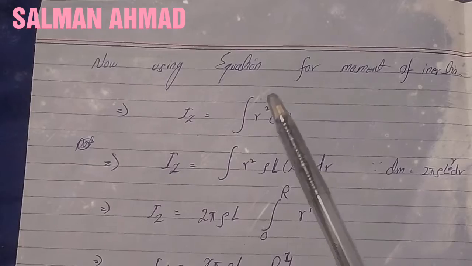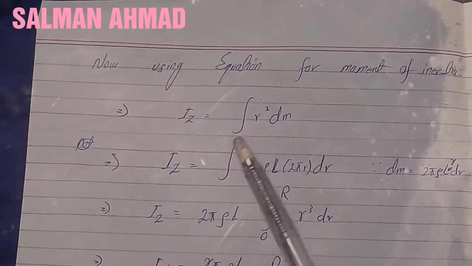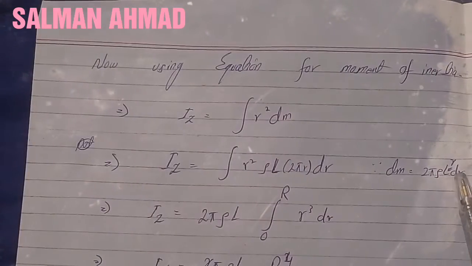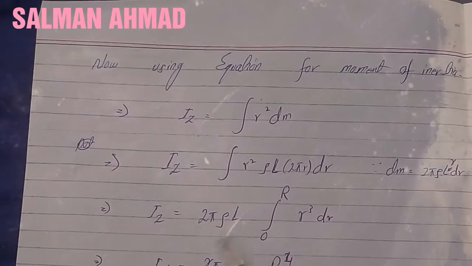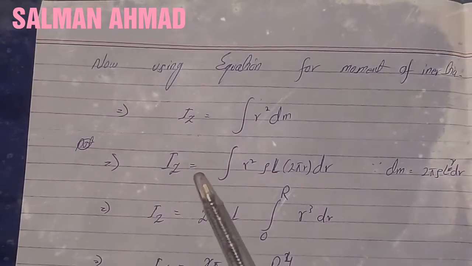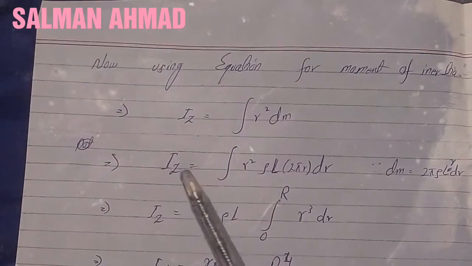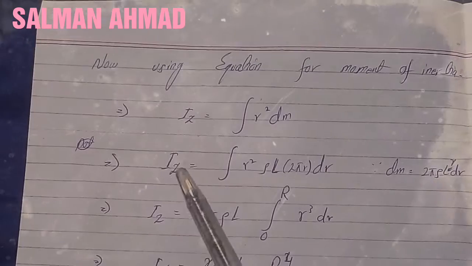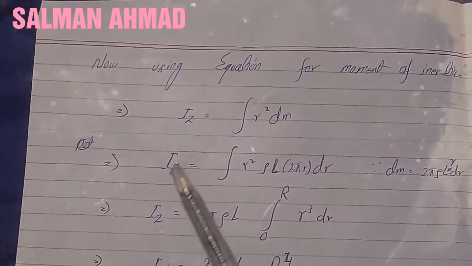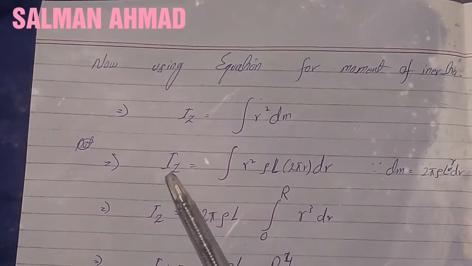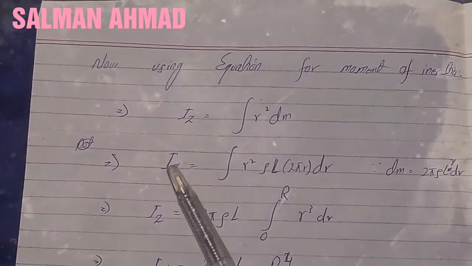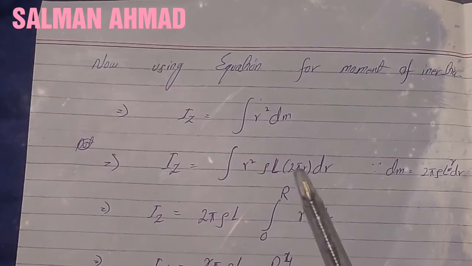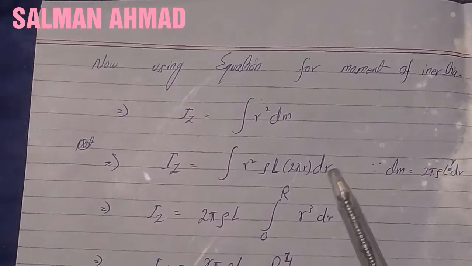Here we put dm from the last equation, which is 2 pi rho L r dr. Iz shows the moment of inertia about the rotational axis z. So Iz is equal to the integration of r square into rho L 2 pi r dr.